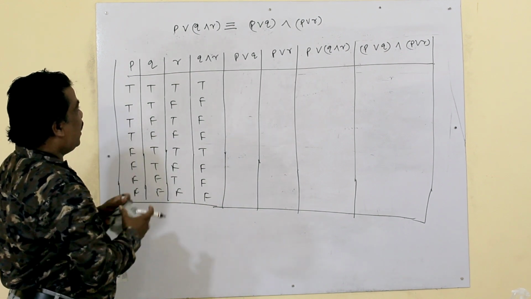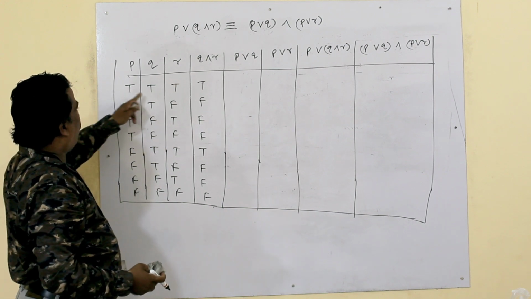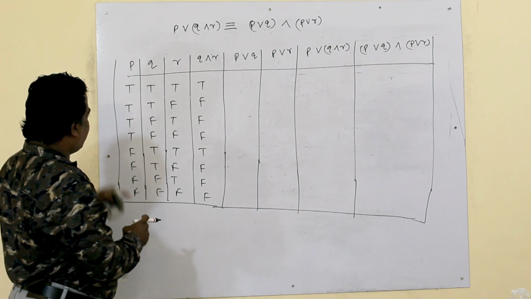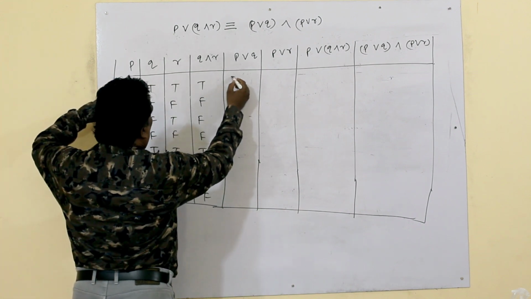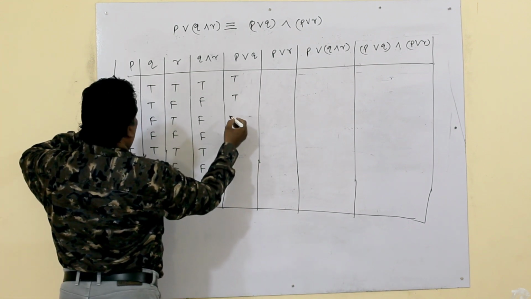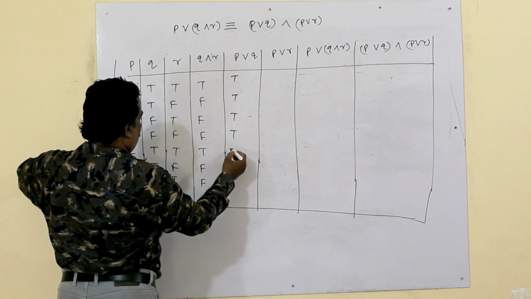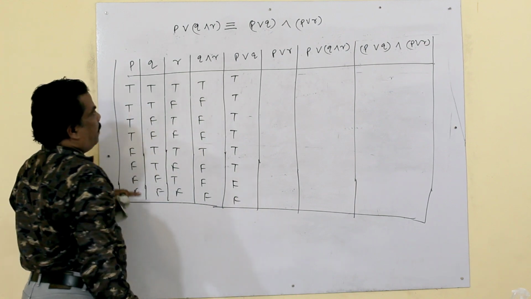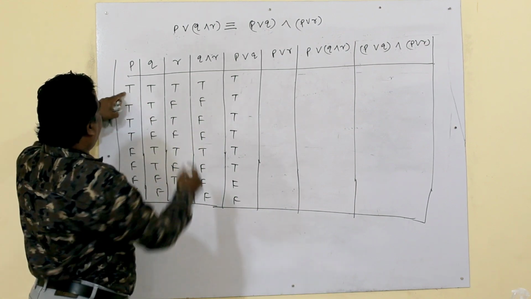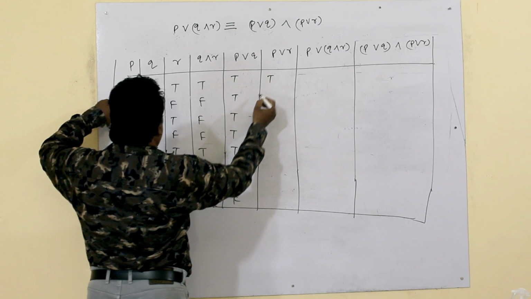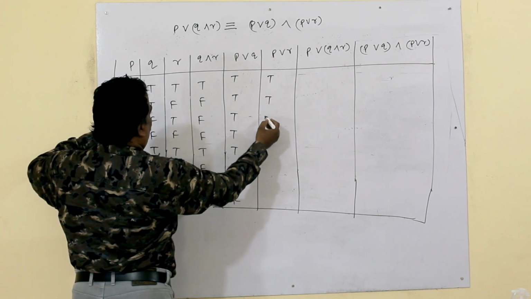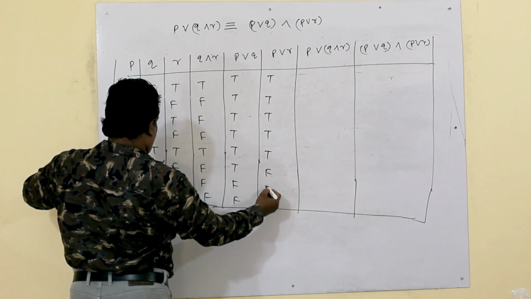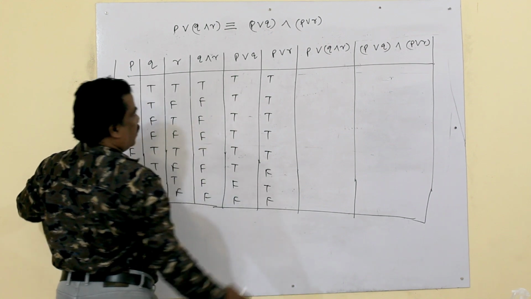Again P or Q. In case of or, if at least one is true, it is true, otherwise it is false. Hence we write true, true, true, true, true, true, false, false. P or R: true, true, true, true, true, false, true, false.